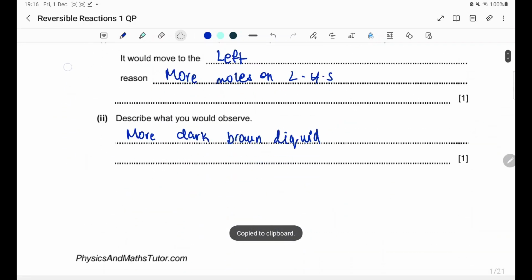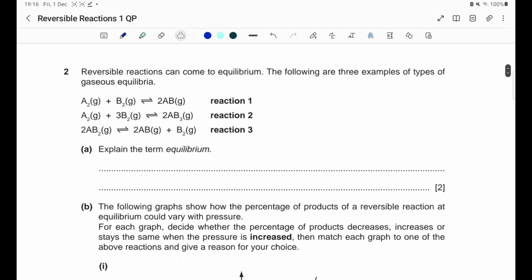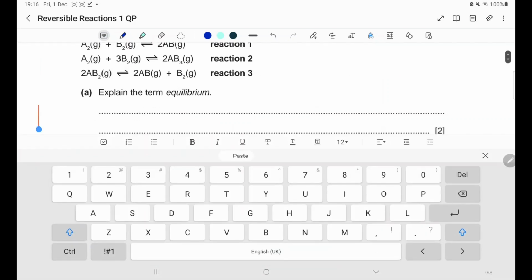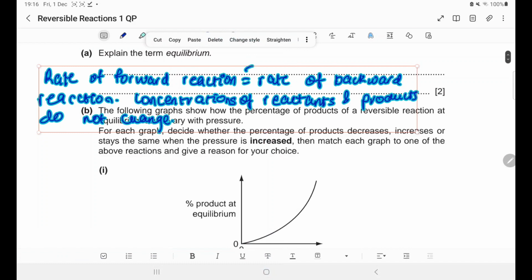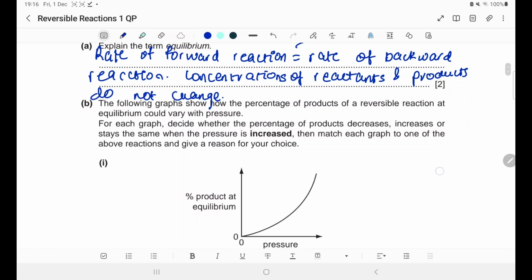It's the equal rates and the same concentrations. Can I copy this? No. Okay, something like that. There we go.